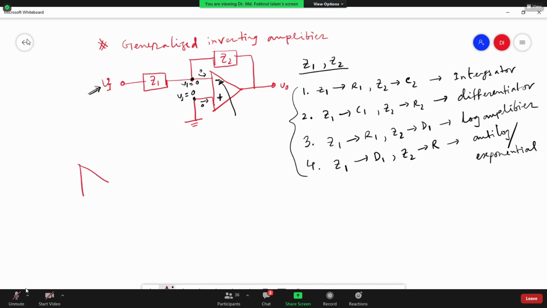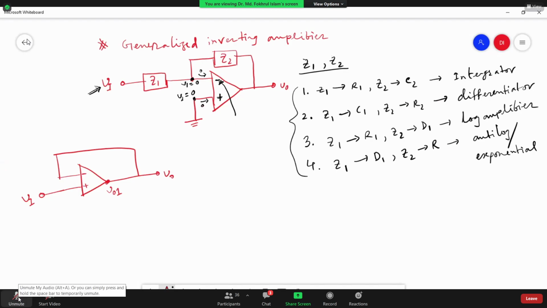If it is like this, negative, positive, Vi, and V0 is the output. What is this circuit? Can you remember this one? The buffer circuit.